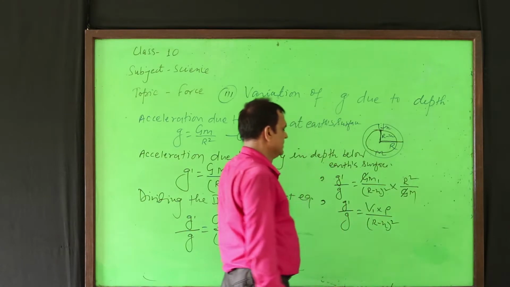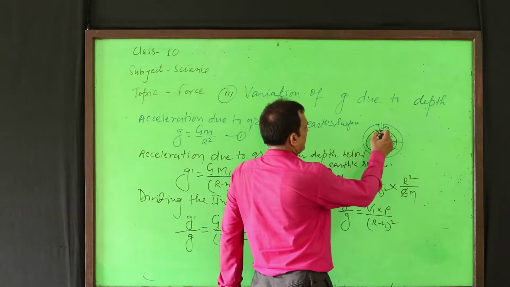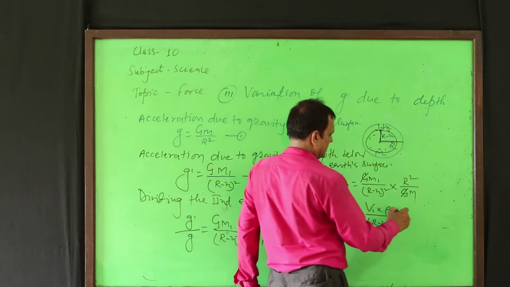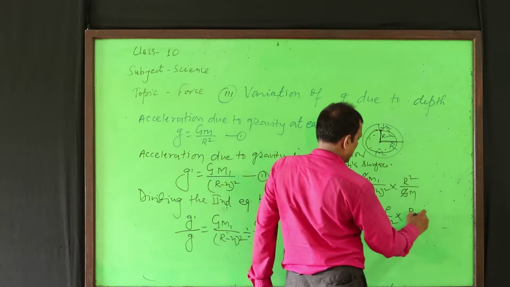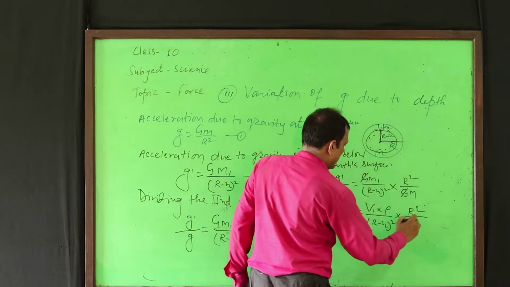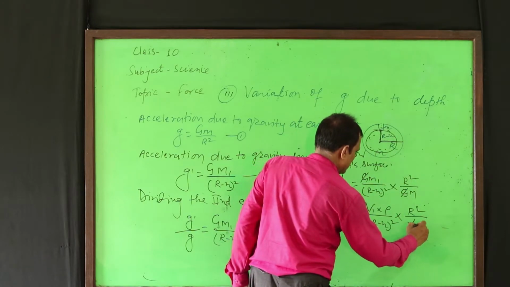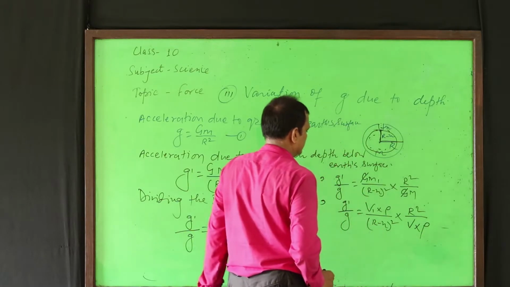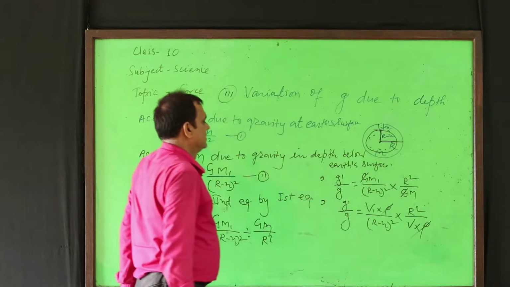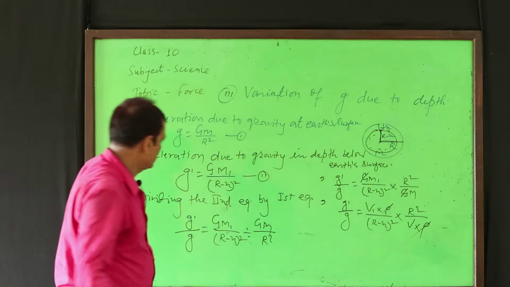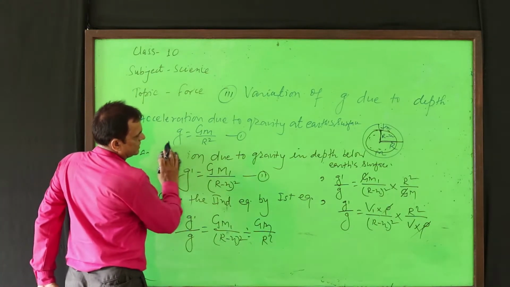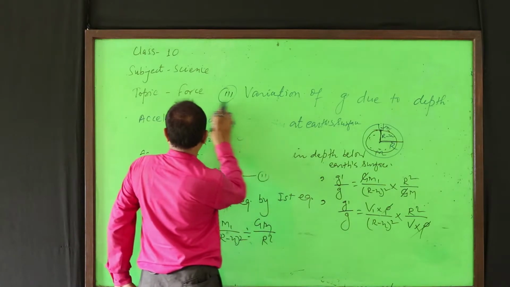Please see carefully. This V1 is the volume of this part of the earth, and rho is the density of the earth, and V into rho is for the whole mass of the earth. This rho cancels with this rho, because the density of the earth is constant everywhere. Now, I hope that you have copied this, so I am going to clean this side of the equation.